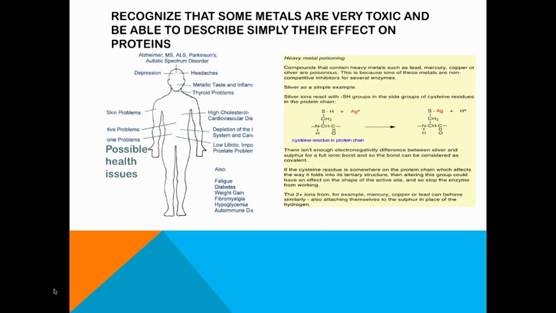Now, as you can see in this slide, there are a number of possible health issues that can be affected by heavy metals and heavy metal poisoning. Silver is a simple example. Silver takes the place between the hydrogen and sulfur bond because there is not that much electronegativity difference between silver and sulfur for a full ionic bond.